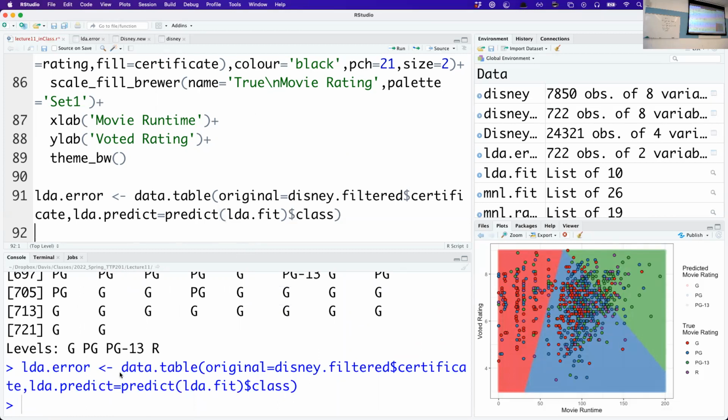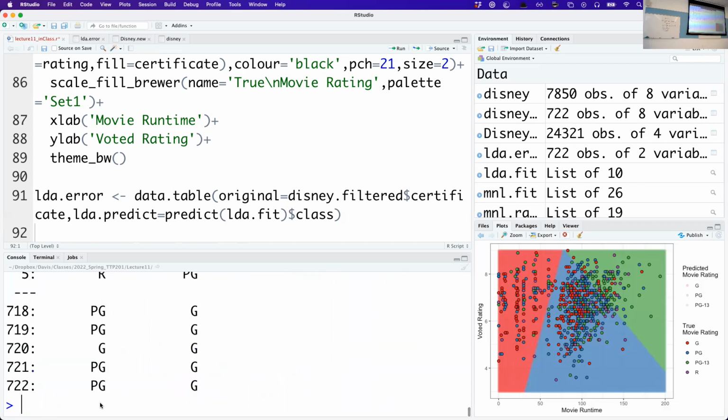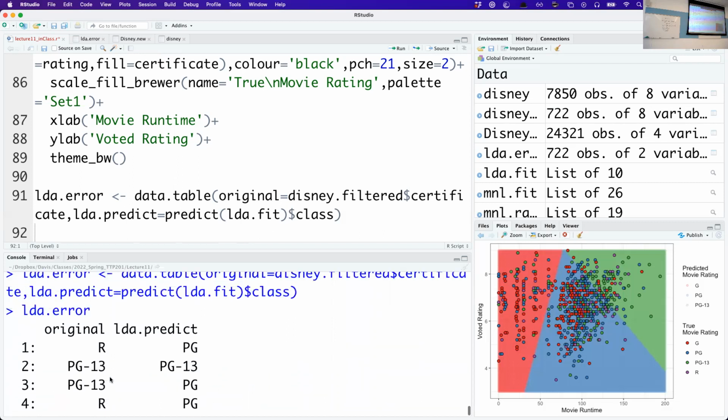Okay, good. So what does this look like? I have my original and then the predicted value from the LDA. And all I have to do to calculate the error is count the number where these match. How would I go about doing that?